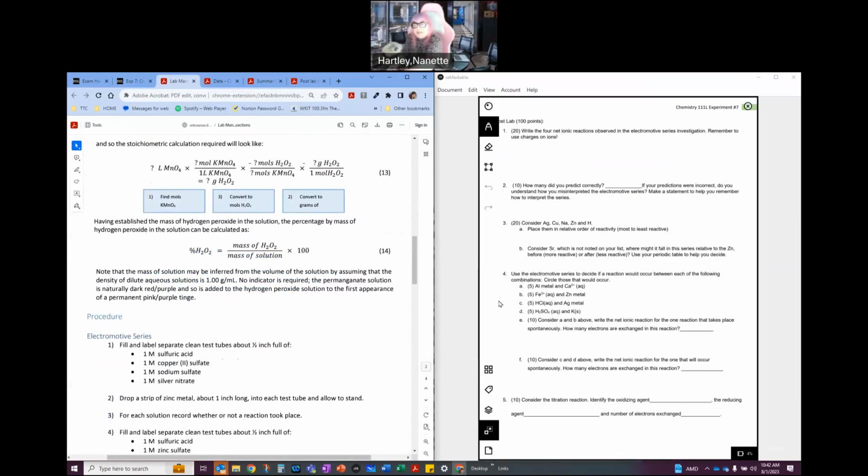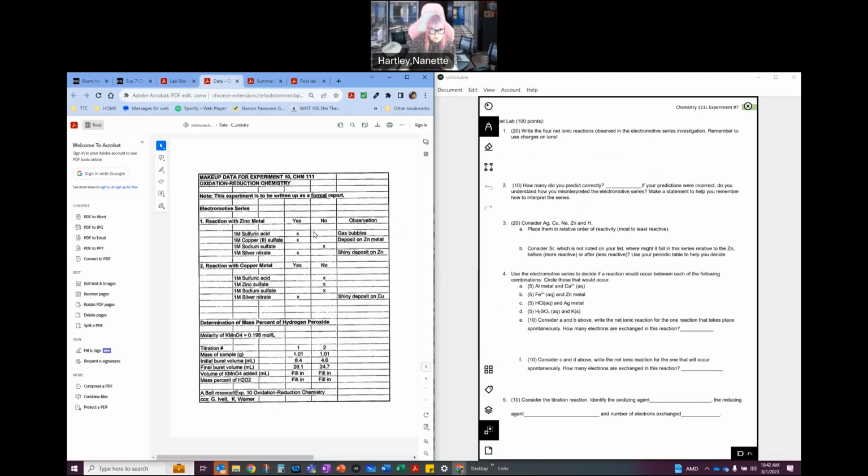It says, write the 4 net ionic equations observed in the electromotive series investigation. So when we talked about this, the data that we saw here, these reactions, there are 4 that are marked as actual reactions here. Those are the 4 that we need net ionic equations for. Now, one of them is sulfuric acid with zinc. Okay? So we have zinc solid plus 2H+ gives me H2 gas plus Zn2+.